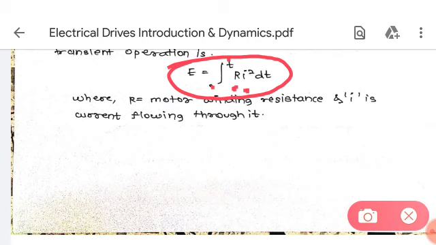In this way you can calculate the transient time and the energy lost in the transient operation, and it helps us determine the motor power rating, as well as the time taken by the drive for that particular transient operation, meaning starting or stopping or speed reversal or speed change, whatever the transient operation is.